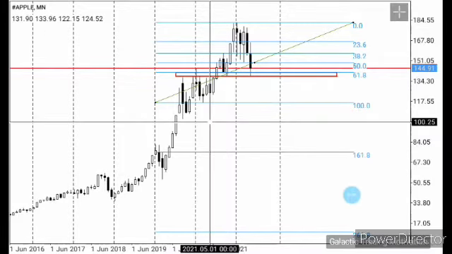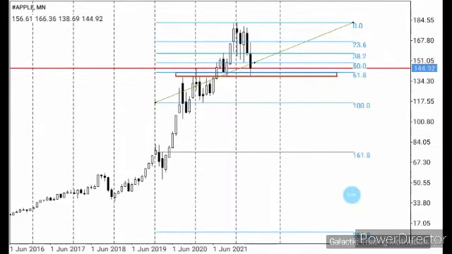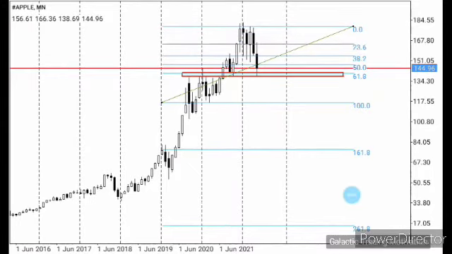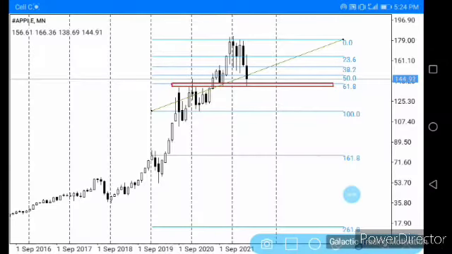Okay, so we can see that the neckline of this particular W formation is in line with the 61.8% Fibonacci retracement zone. So what we should have done was to look for buying opportunities in this region when price got to that particular level.